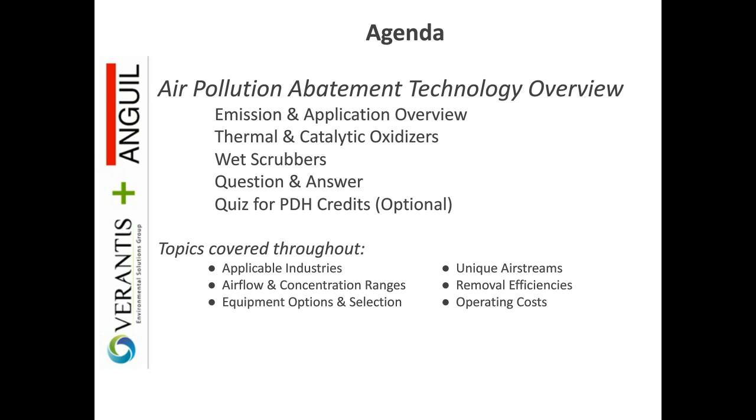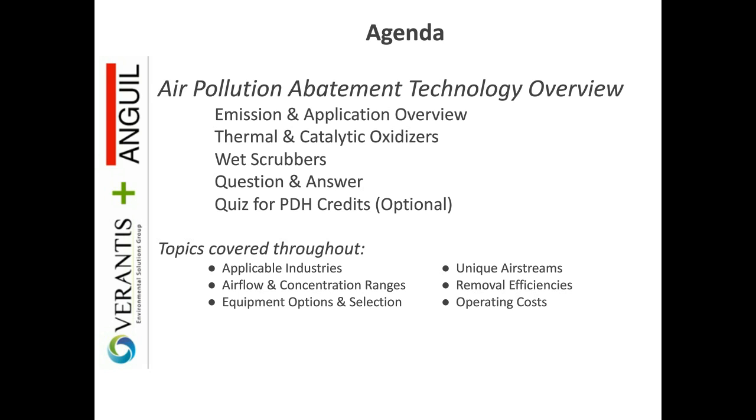So some of the topics that will be covered throughout: which applicable industries are we talking about here, so you'll have an idea of where these technologies are applied. Some of the airflow concentrations and ranges, we'll talk in terms of volumes, and then solvent or VOC concentrations that explain which technologies can be applied to the various ranges.